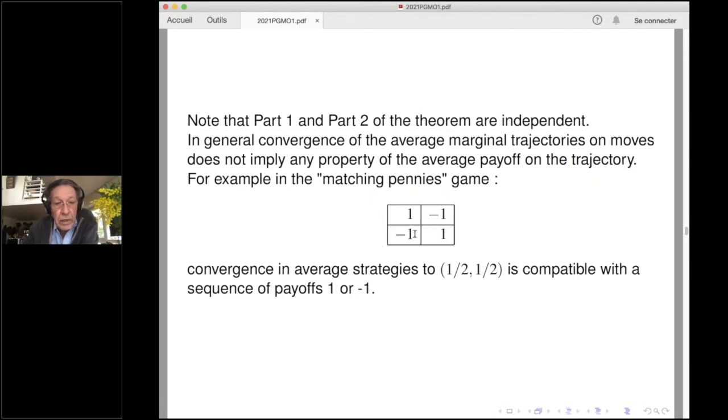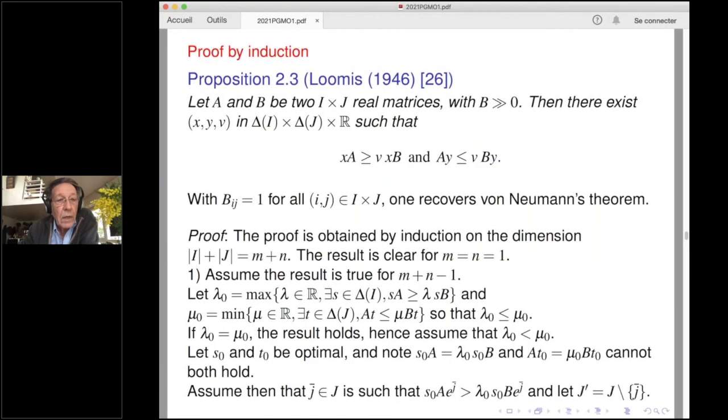And you could also alternate between top right and bottom left. And the marginal distribution for each player will be 1/2, 1/2, so it will correspond to optimal strategies, but the payoff on the trajectory will be -1. So the two parts in the theorem of Robinson are independent. Okay, so this is the last proof.